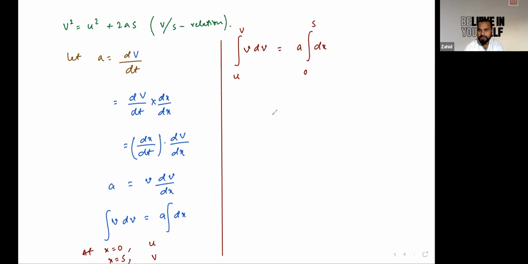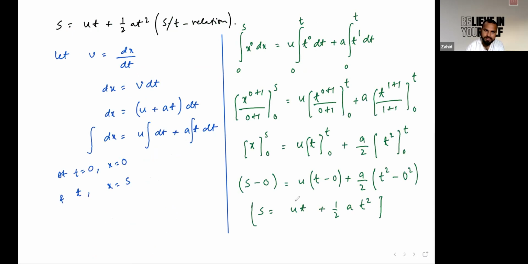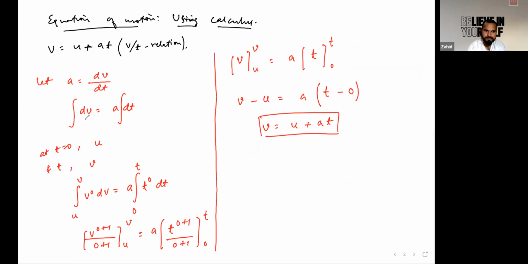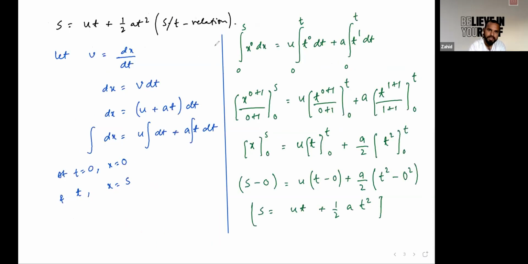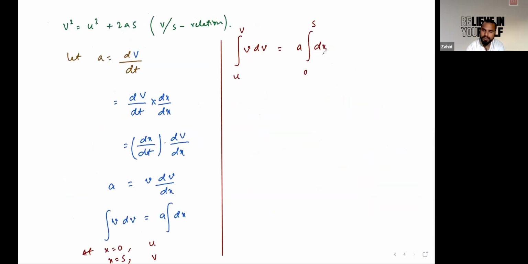And if you are habituated with dx, on integration this term will give you x only. I have defined this in so many problems: dv on integration will give you just v. Similarly, in this equation, dx on integration will give you x. So just remember, dx on integration will give you x only.